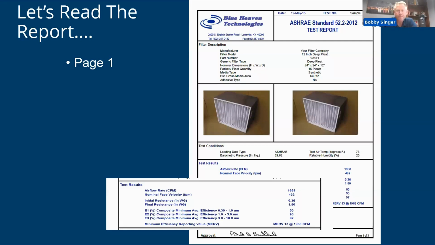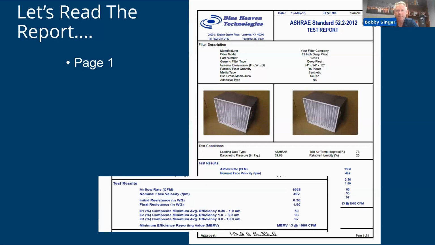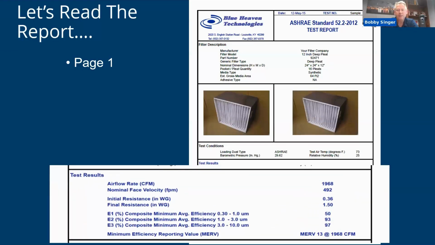Then you get your test results here towards the bottom. Test conditions are obviously above. It shows the type of test dust, which should always be ASHRAE dust, the barometric pressure, temperature, humidity. This is the meat of the cover page.